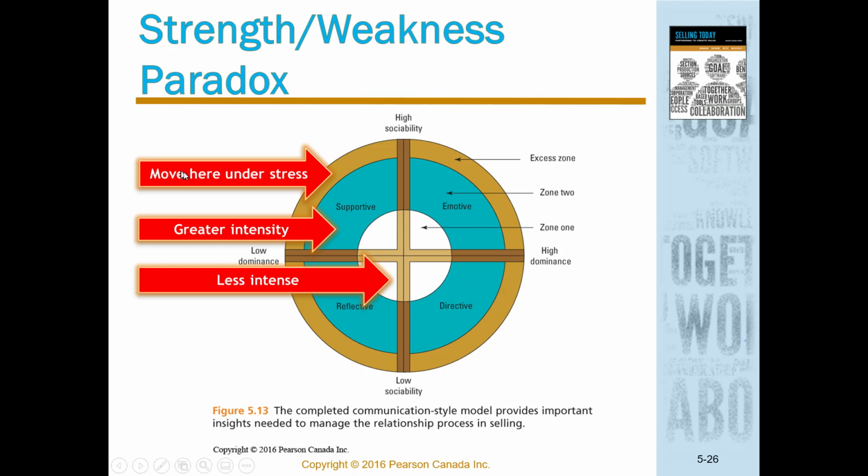When someone is up here in the excess zone, this is when someone really shows their true colors, who they are when it comes to their styles. You will see the stress levels of someone that's up here, and they will be very well represented. You cannot miss when someone is in the excess zone.